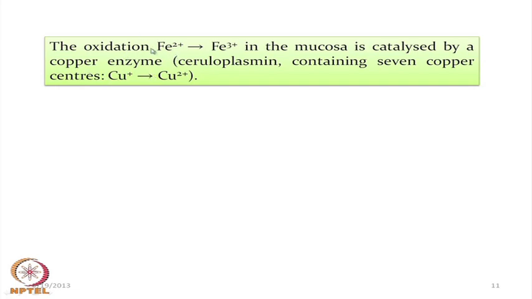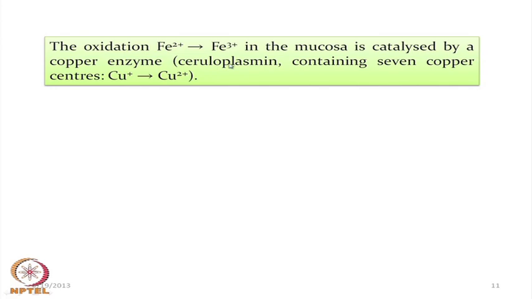So, for good assimilation of iron, it is not that we have some deficiency in iron, some shortage of iron, or that we do not take much iron through our food material. But the thing is that for right assimilation of this iron, we also need copper.